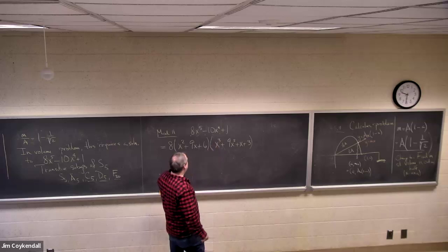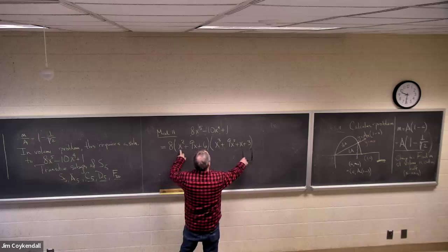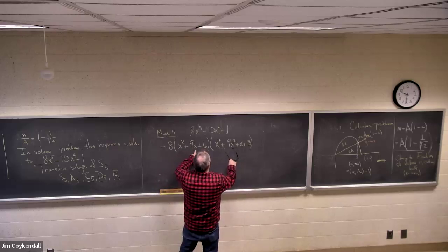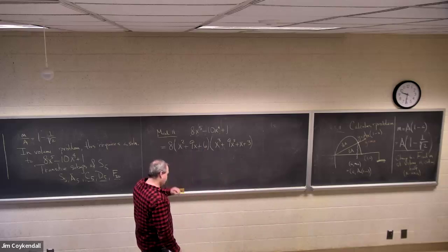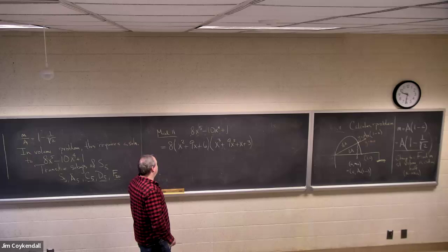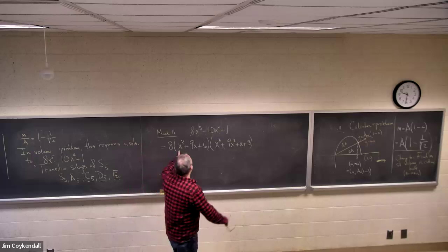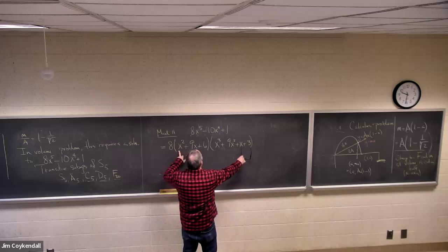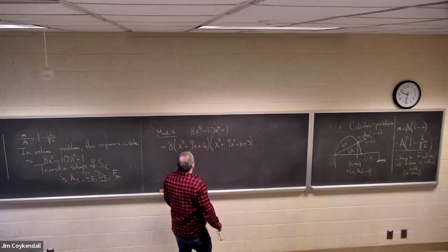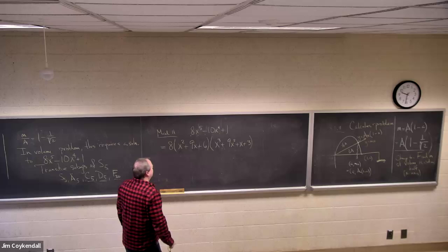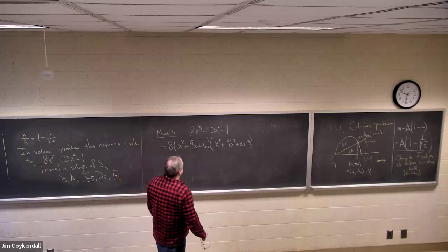Quadratic term: 3 and 9 is 12, and 54 is 66, which is 0 mod 11.